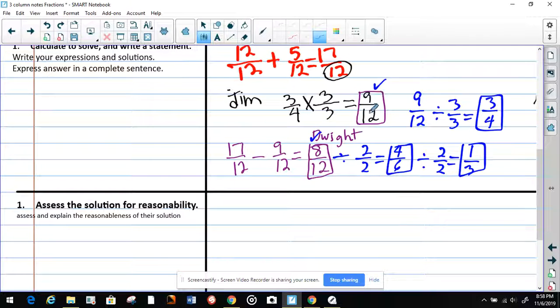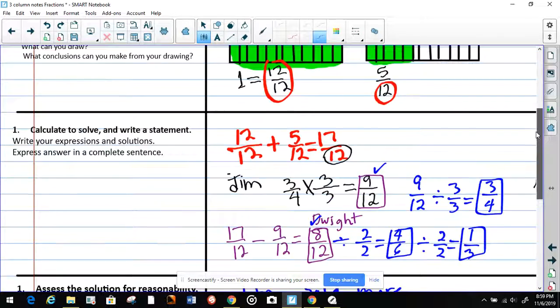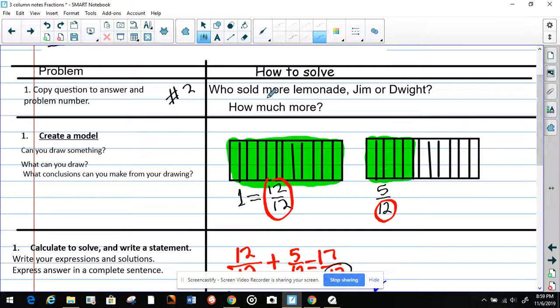So we know that Jim sold them. Okay, so we can say that Jim sold 9/12 and Duane sold 8/12. So I'm going to answer the question. Jim sold more. And the second question is, let's see if we answer the question. Who sold more? Jim. How much more?